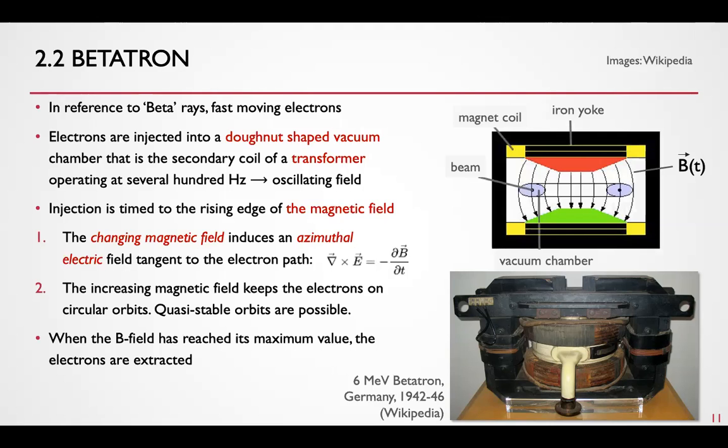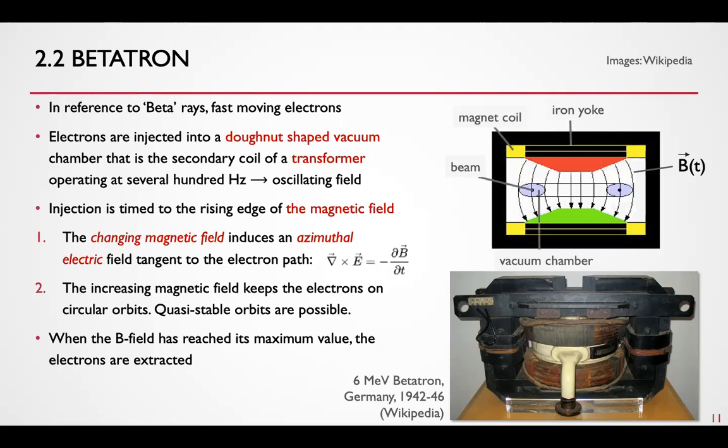There are several thousand turns possible until the driving current reaches its maximum, at which point the beam would be lost, but at that point it's ejected. So the idea to exploit the curl of the E field and at the same time have the increasing magnetic field compensating for the rise of the energy of the particle that's being accelerated is an ingenious concept that's realized in the betatron.